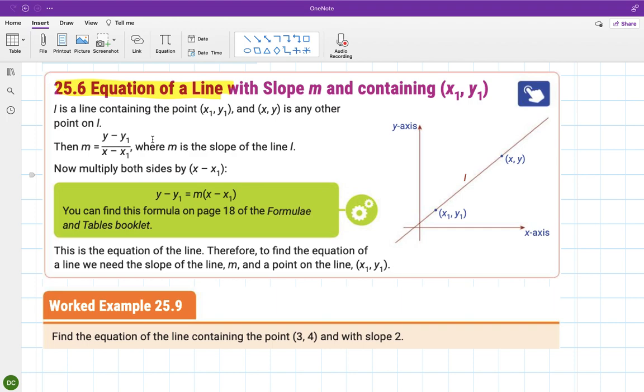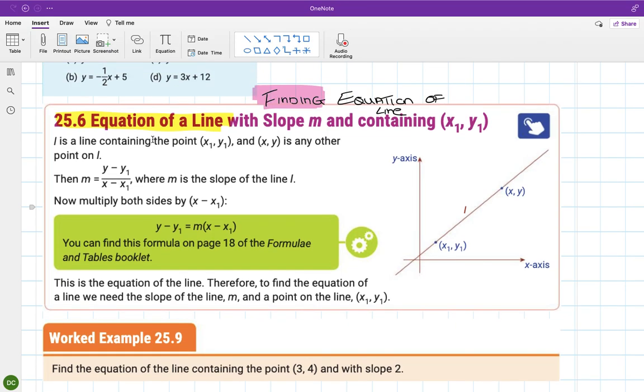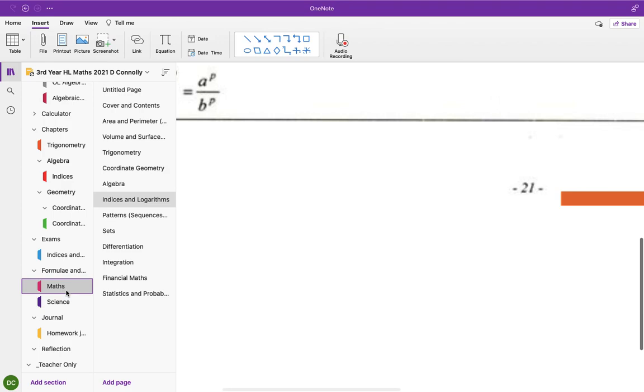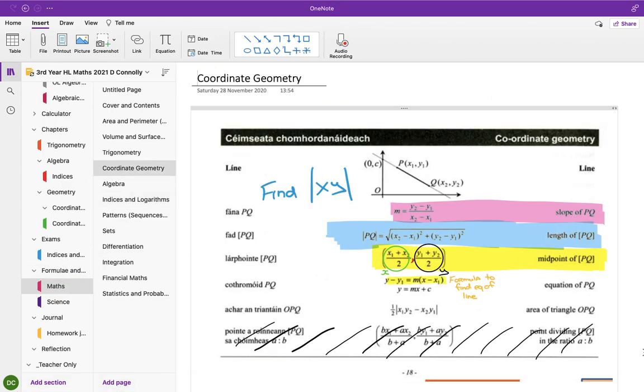So these ones are about finding the equation of the line, and there's a formula for that. It is here in the green box, and I showed it to you yesterday in the table book, under coordinate geometry.